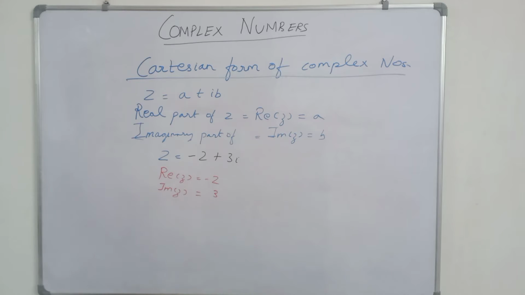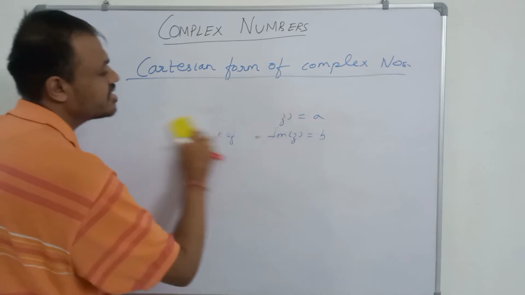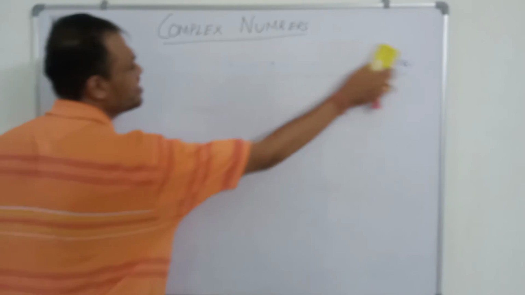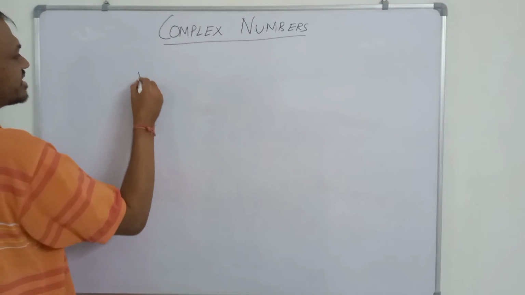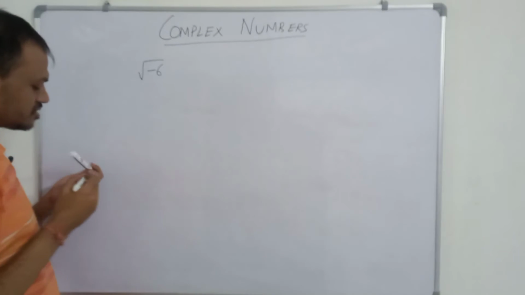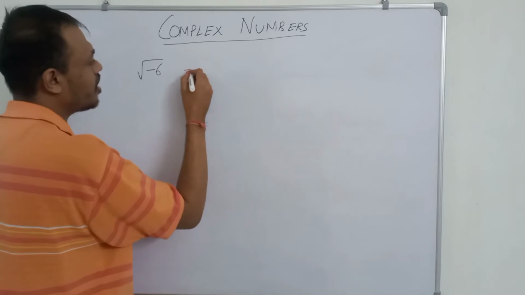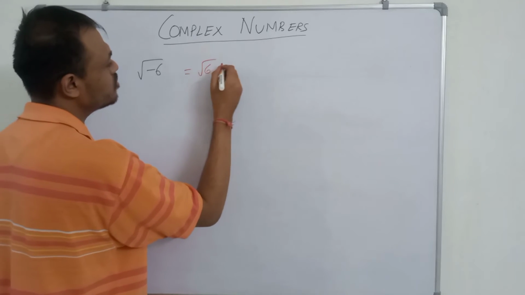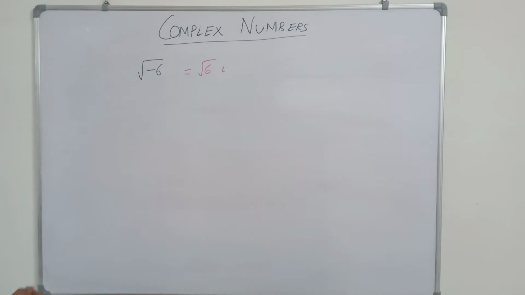Now we will use this iota to simplify our numbers. If we have a number under root of minus 6, this can also be written as under root of 6 into iota, because under root of minus 1 is called iota.